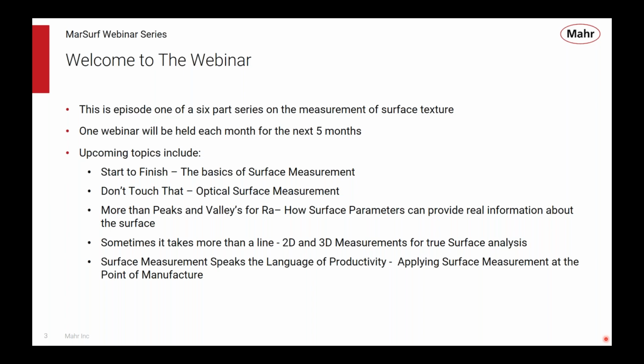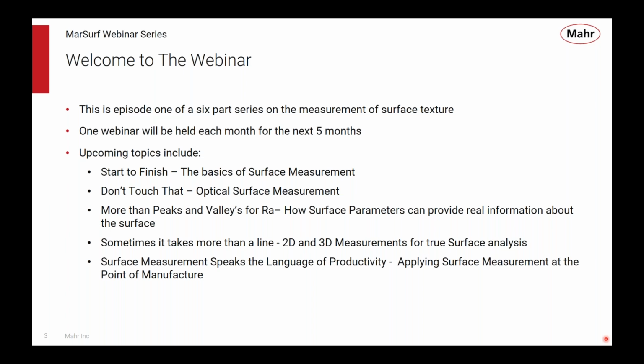So in the first one we'll talk about the fundamental way that most people measure surface finish and the fundamental parameters they get from those measurements. Then we'll go on to talk about optical surface measurement. It's a great topic, a great newish technology. It has some pros and cons, and offers some abilities that you don't have with more traditional stylus-based instruments.